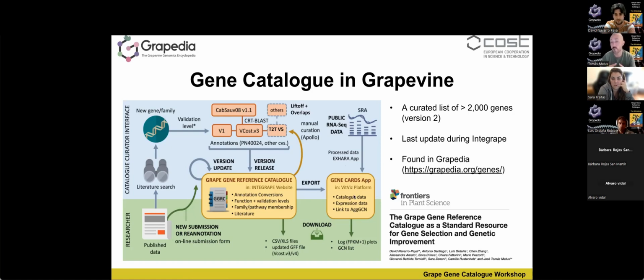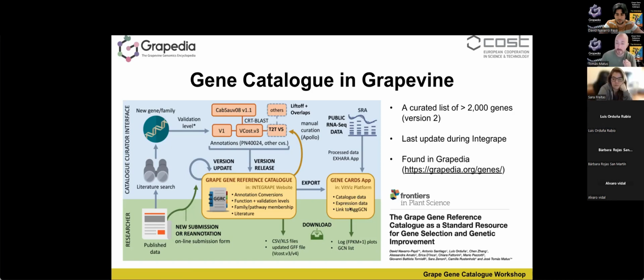We have been able to download all the public transcriptomic data from the Sequence Read Archive, SRA, in NCBI, and we have reprocessed the data and generated expression matrices that we offer as a dynamic and very nice tool to navigate through the genes and see the level of expression of these genes in different organs. I'll show you some examples later on. The Gene Cards app is present now in the BitBees platform, but it's already being incorporated also in the Grapedia portal.